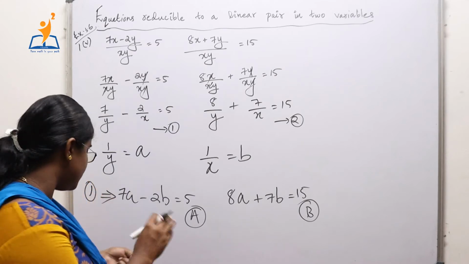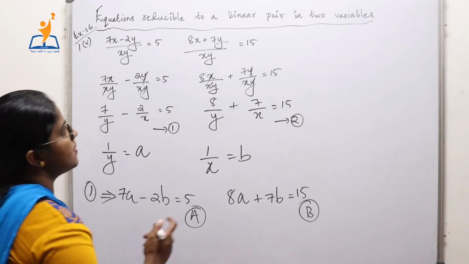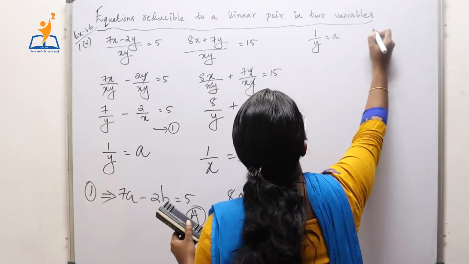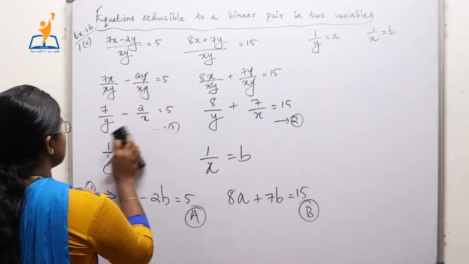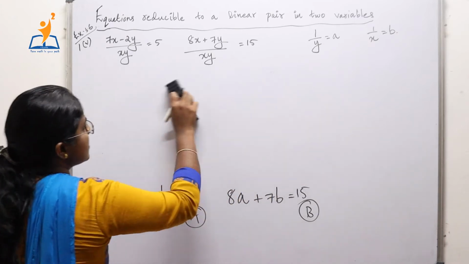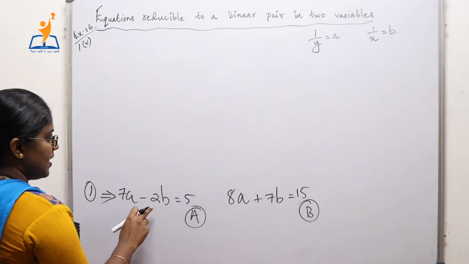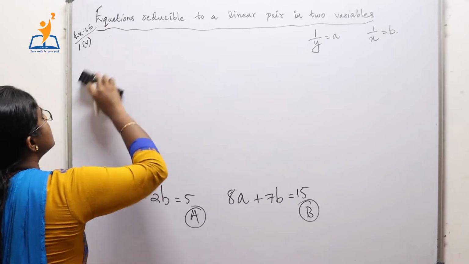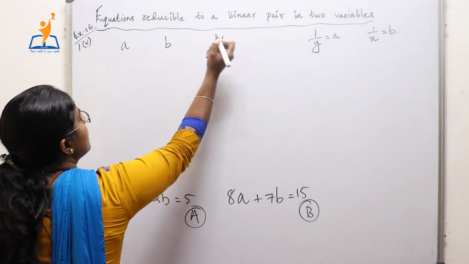So in order to solve these two equations, I am going to use cross multiplication method. Let me rewrite these substitutions here, that is 1 by y is equal to a and 1 by x is equal to b. What is cross multiplication method? We will first of all consider the variables, that is we want to start with a, now b and 1.